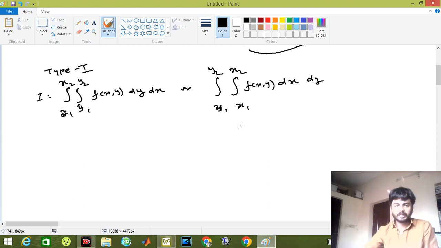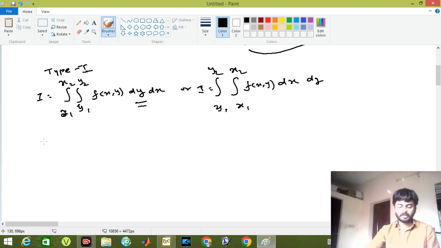When integrating with respect to y, you have to treat x as constant, not as a variable. When we first integrate with respect to x, you have to treat y as constant. So that you have to remember. We can see all these things in detail when we discuss the particular types through problems. So this is our I.